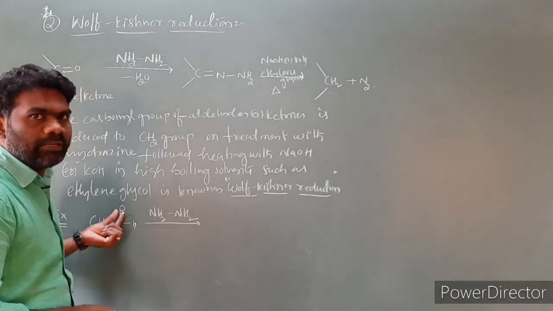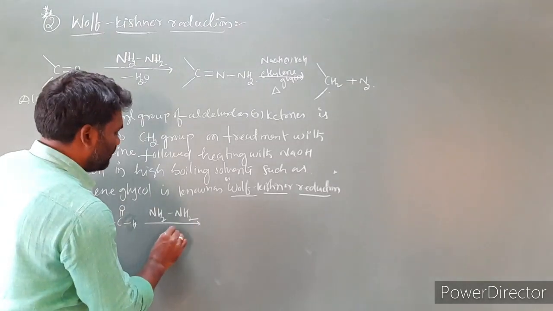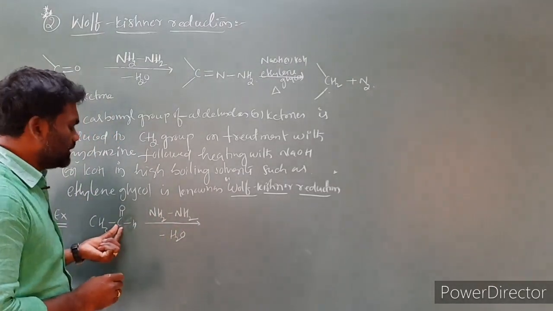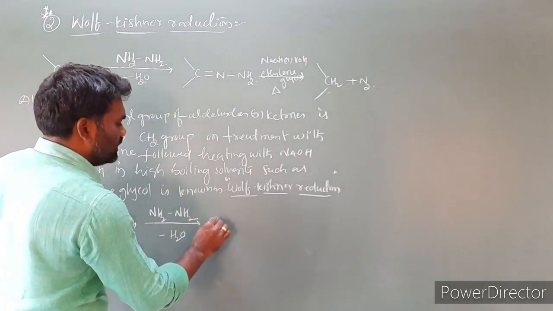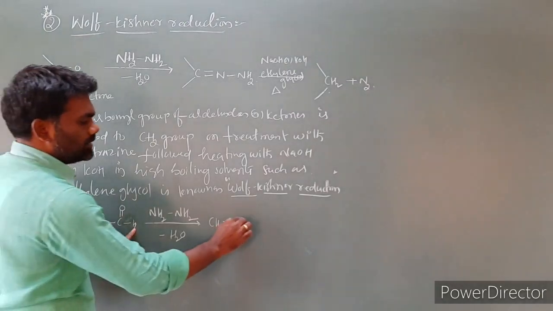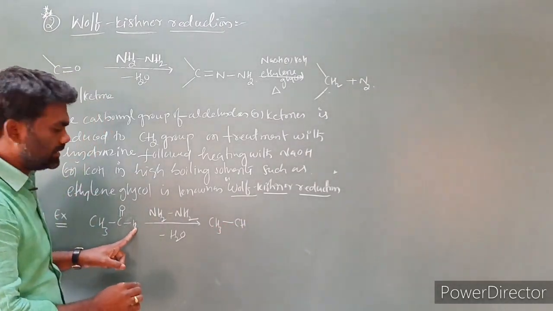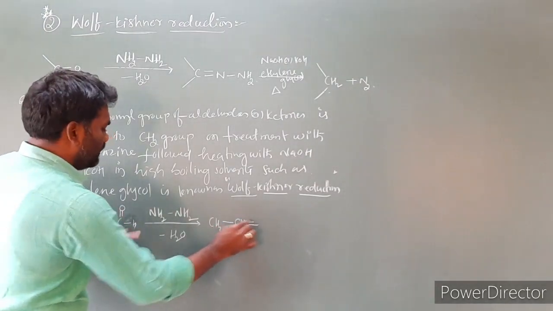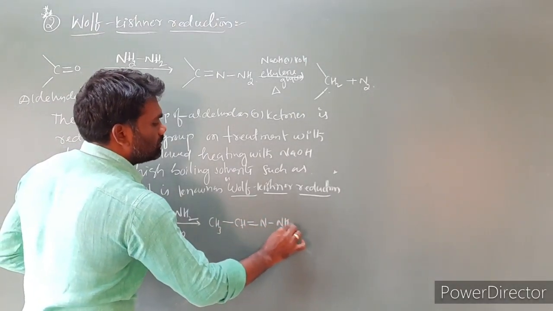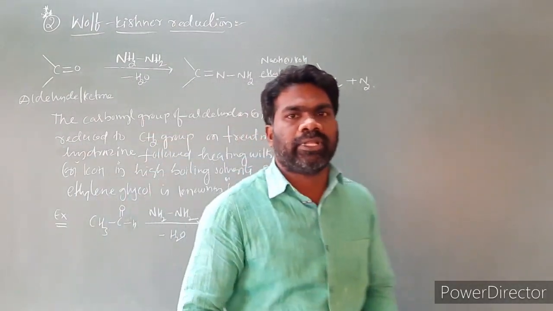This oxygen and hydrogen are removed in the form of water. Then this nitrogen we join to this carbon through a double bond. Then CH3CH, which already has a hydrogen, double bond N-NH2. So this is the product formed in the first step.